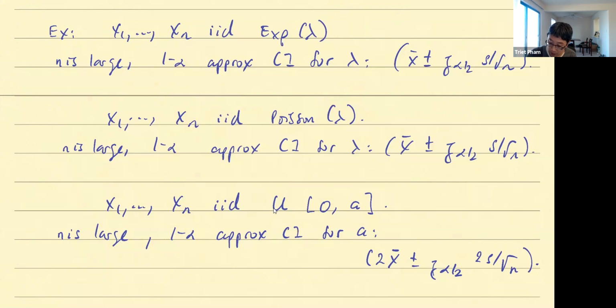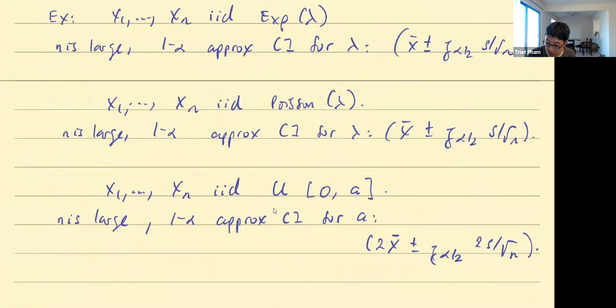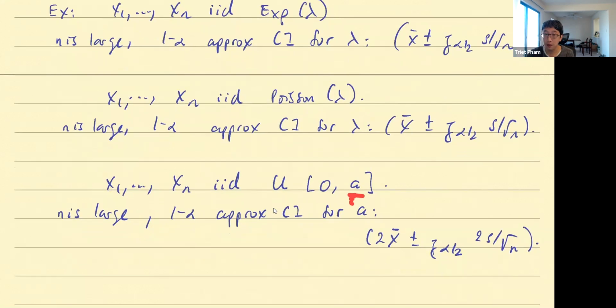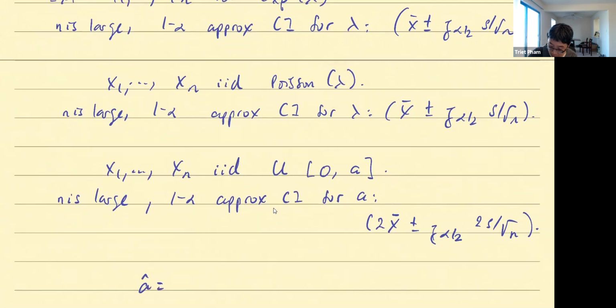The reason is because here, a is not the mean of the uniform 0 to a. When you do this, you're saying that a hat is 2x bar.